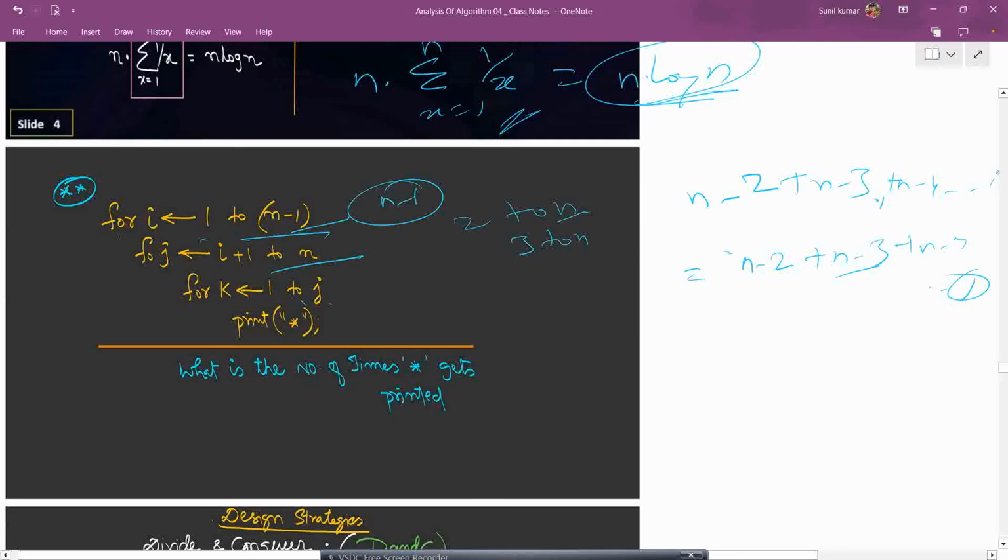This is the case. It will go until n minus 1, which gives the sum n plus 1 by 2 into n plus 1 by 2, and so on.